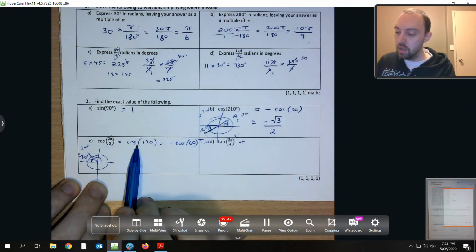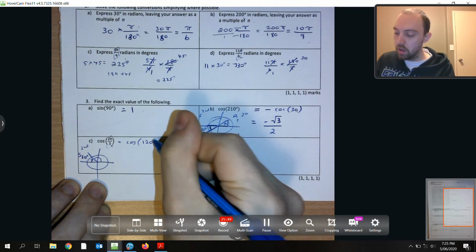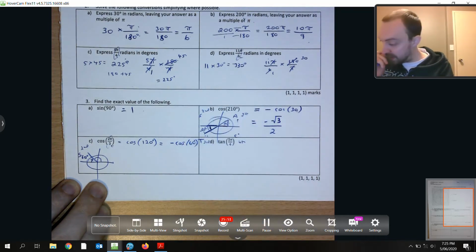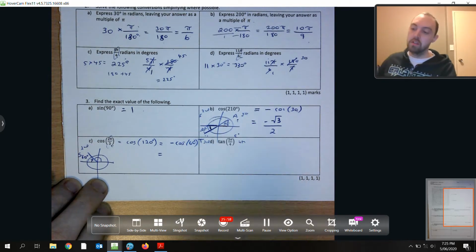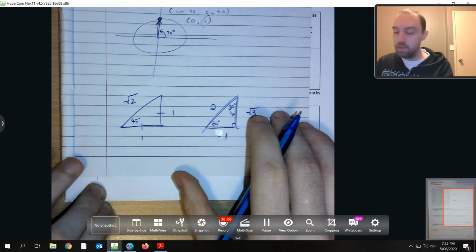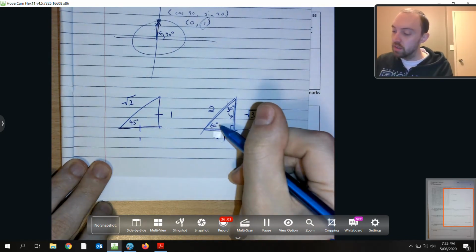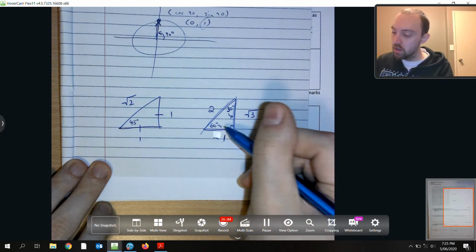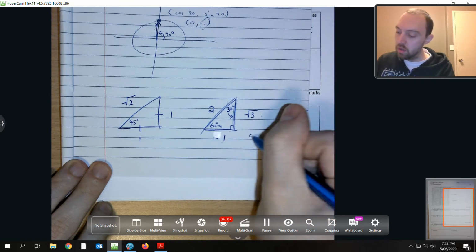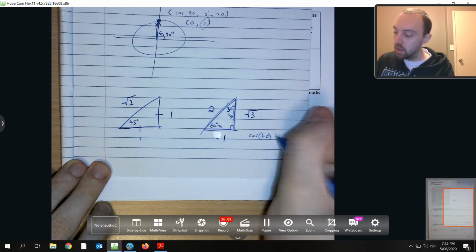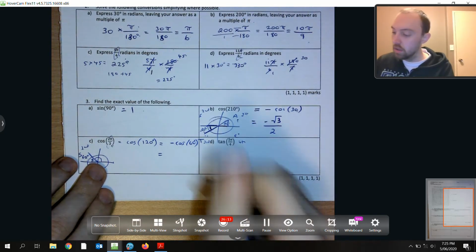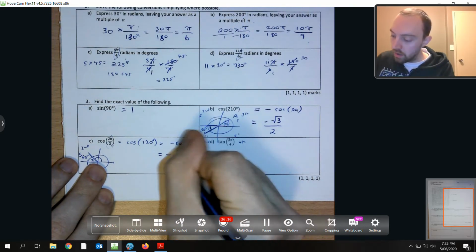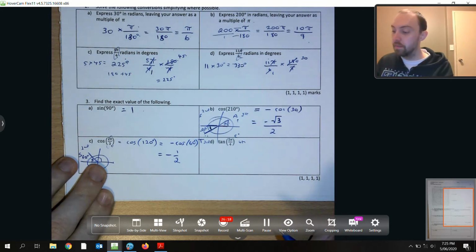Cos of 120 is the same as negative cos 60. Back to the triangles, or the hand, or whatever you like to use. Cos of 60 is adjacent over hypotenuse, so cos of 60 is half. So we've got negative half in this case.